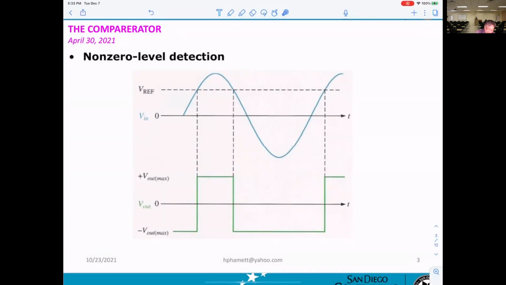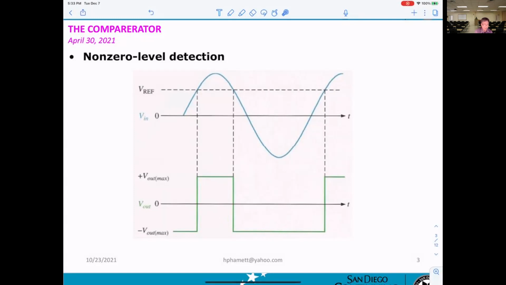Then from this point to this point here, basically they compare to V reference, V in will be less than V reference. So that's why V out now goes to the negative saturation, okay, and so on.